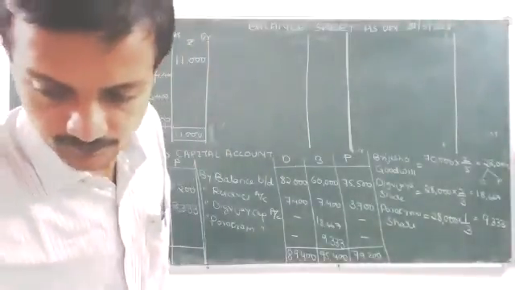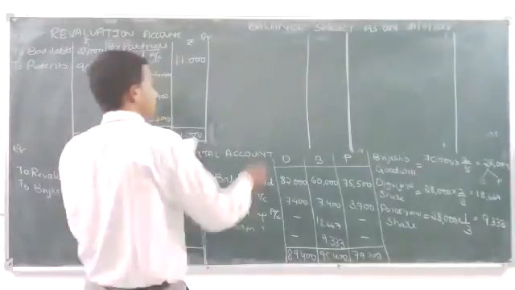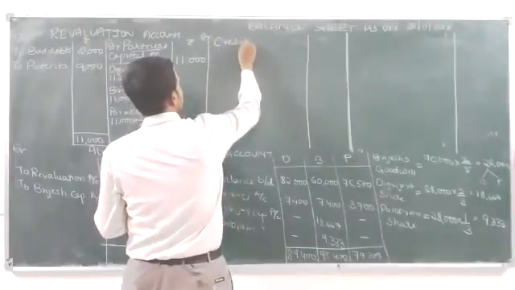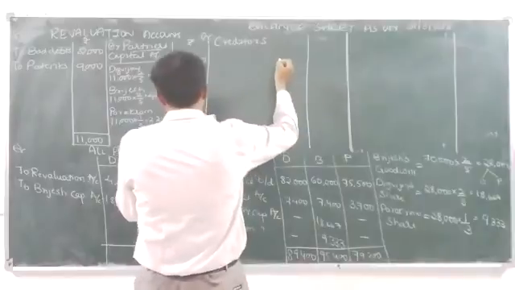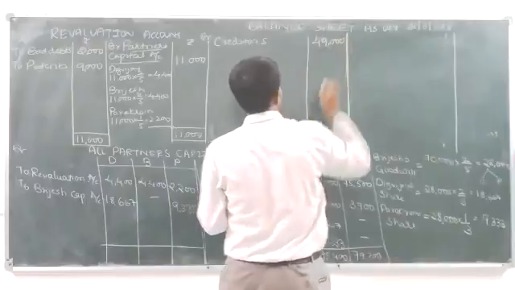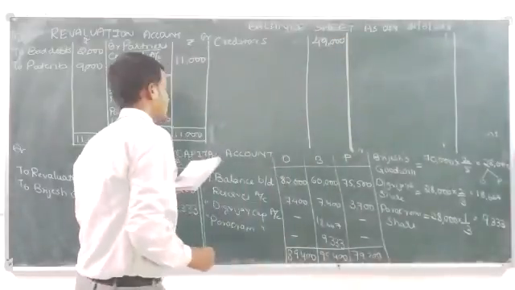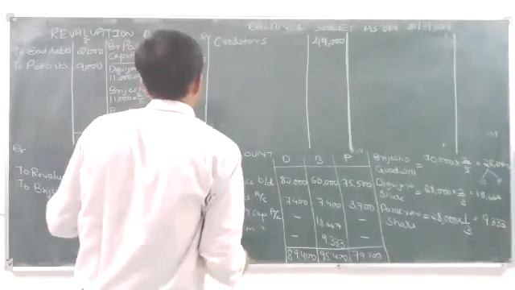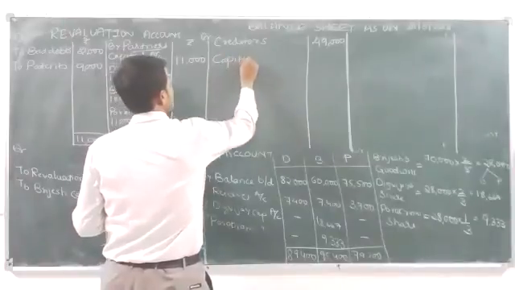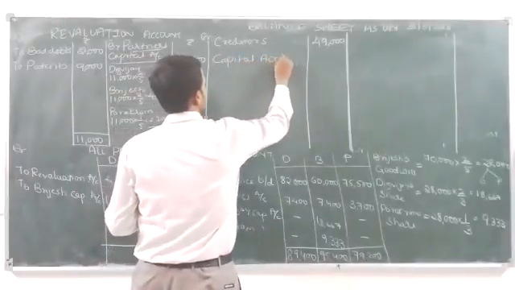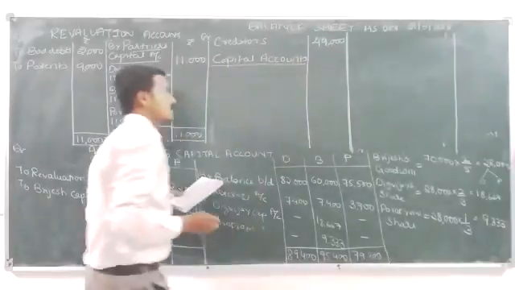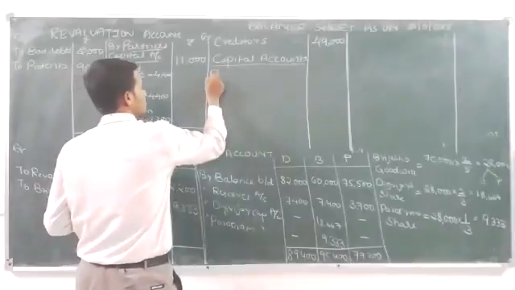First, creditors, there is no change. You put the headings: liabilities rupees, assets rupees. First, creditors 49,000. Then, after leaving a line, capital accounts. In that, the first one is Digvijay.